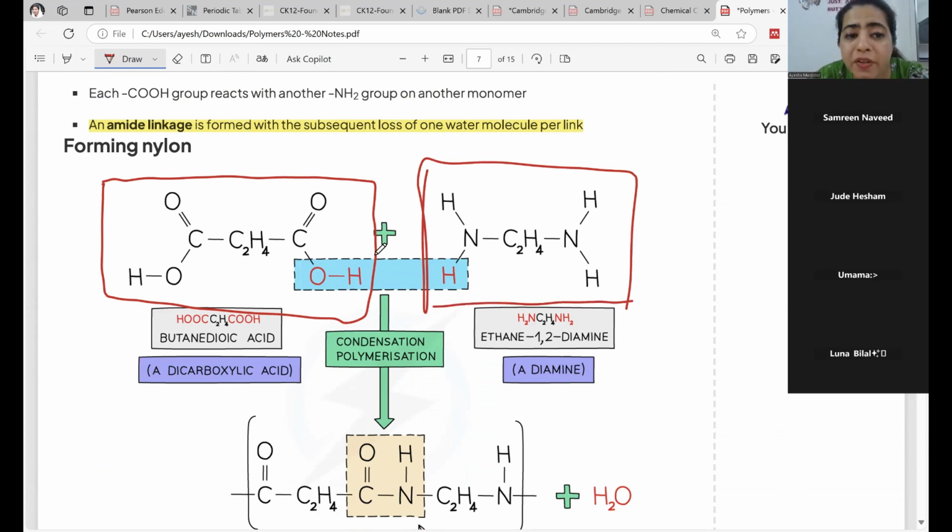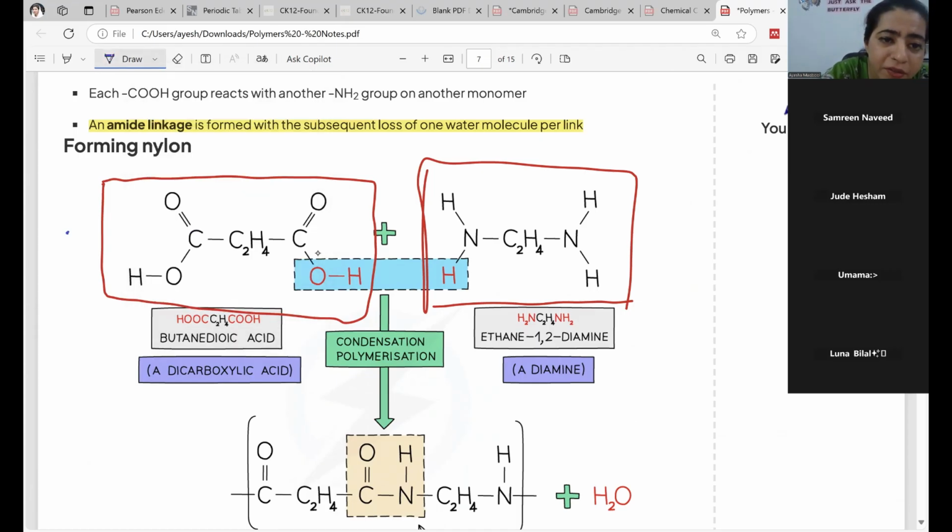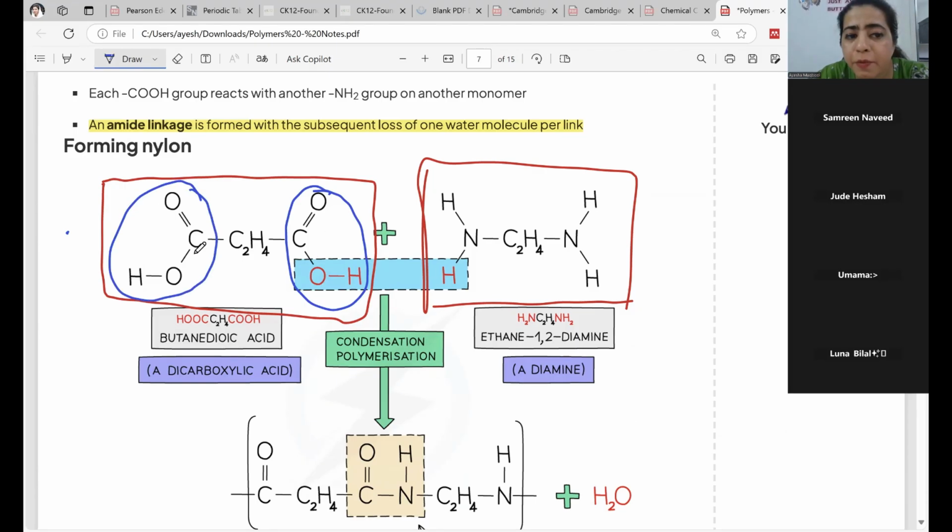If I show you where the functional group is, you can check this blue one. This is COOH, carboxyl. On the other side, this is also COOH, carboxyl. So this is the carboxylic acid functional group for this first monomer. It has 2 carbons at the center and 2 attached on the sides as well.